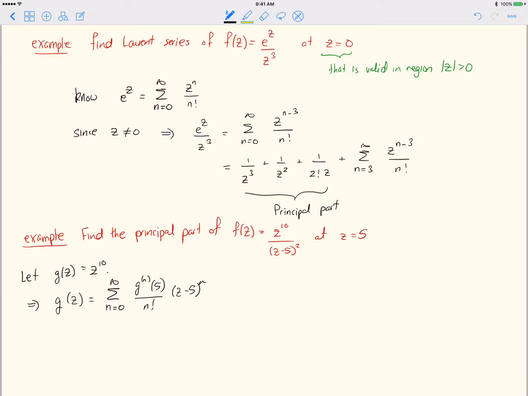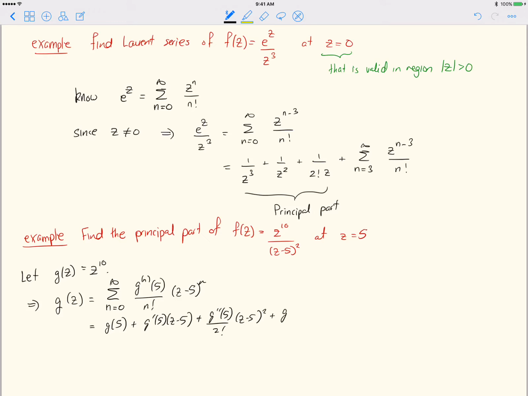Okay? And if I write the first few terms of this one, the first term would be g of 5. Second term would be g dash 5 z minus 5. Third term would be g double dash of 5 over 2 factorial z minus 5 squared.